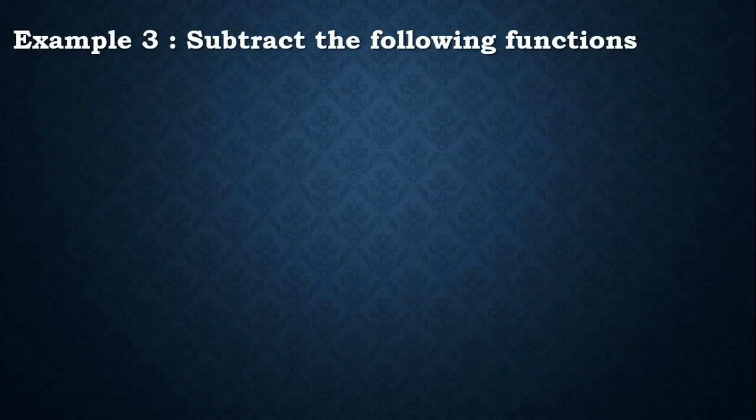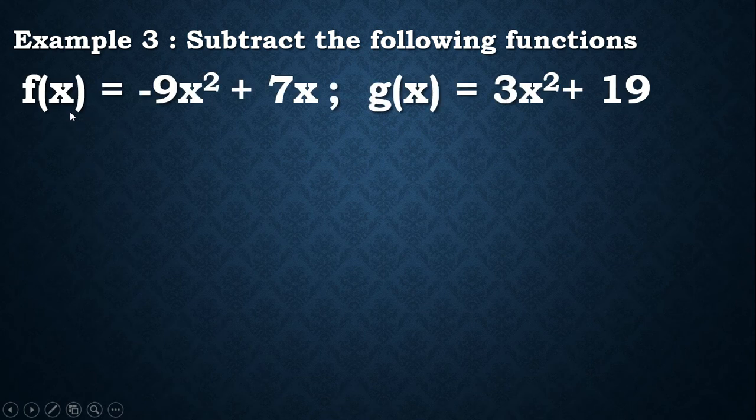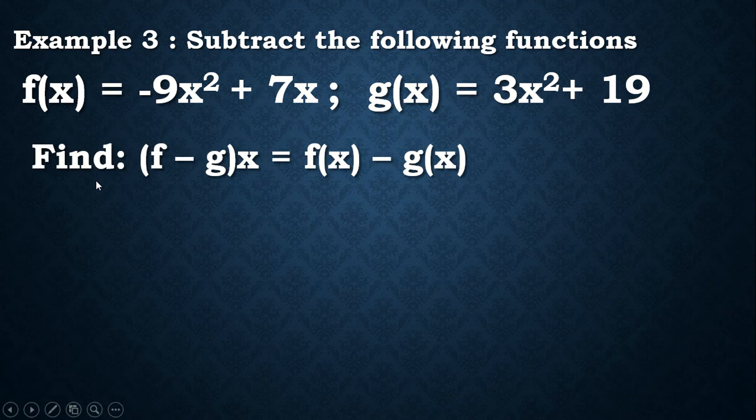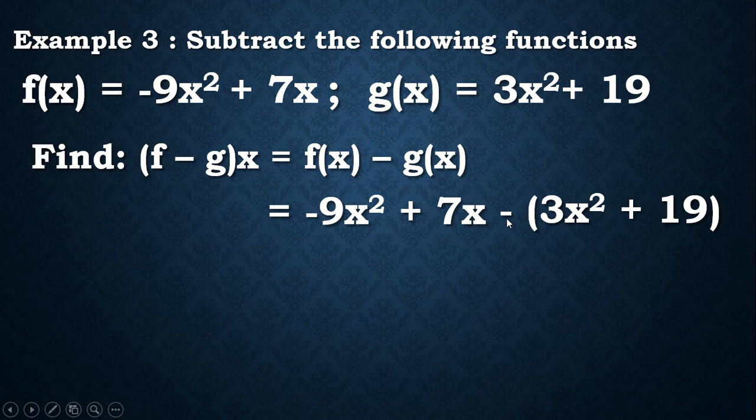Example number 3. Subtract the following functions. We have f(x) equal to negative 9x squared plus 7x, and g(x) equal to 3x squared plus 19. Still, we are finding (f minus g)(x) that is equal to f(x) minus g(x). We write f(x), negative 9x squared plus 7x, and then include the operation which is subtraction, that is minus.